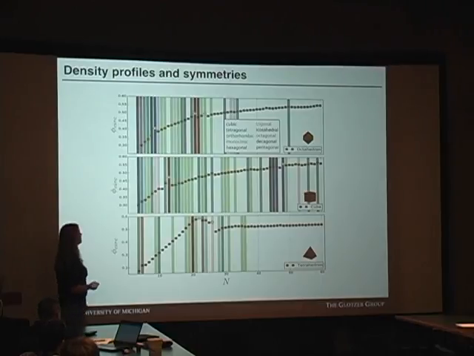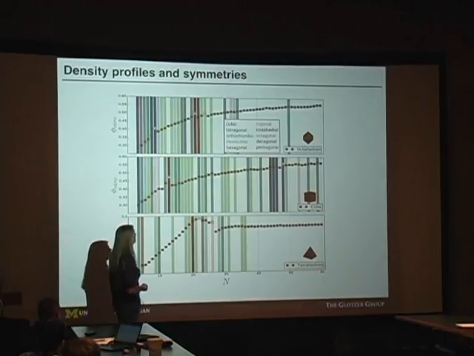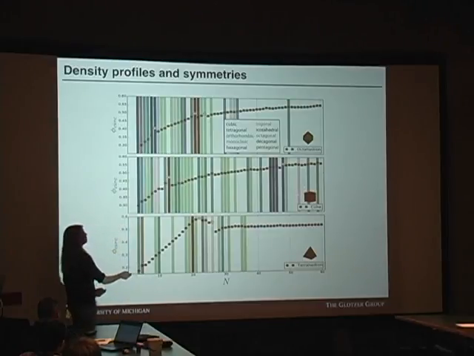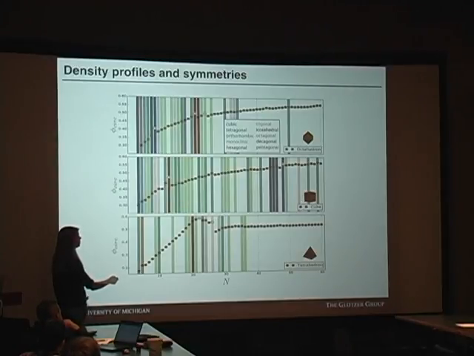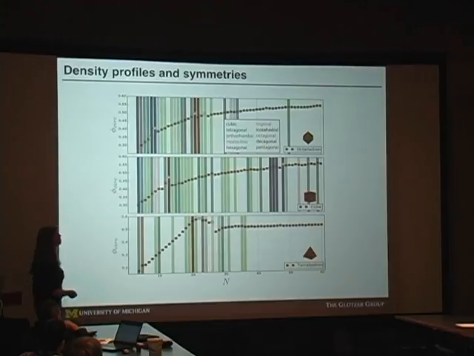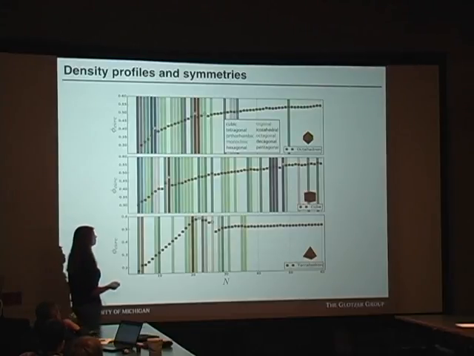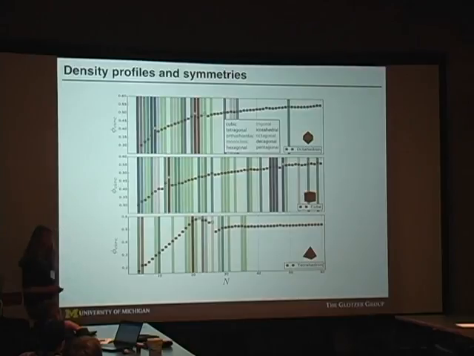Something interesting here, which you would expect, is that the symmetry of the constituent particle is related to the symmetry of the cluster motif, especially for these super anisotropic particles. Because this is a cube, it's producing clusters that have cubic or a subset of cubic symmetry.